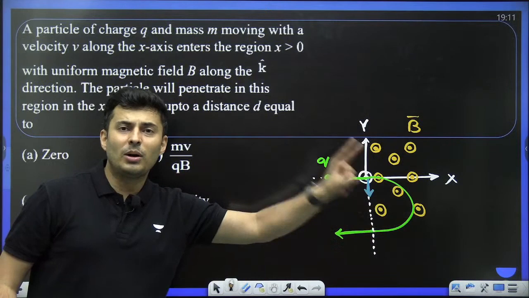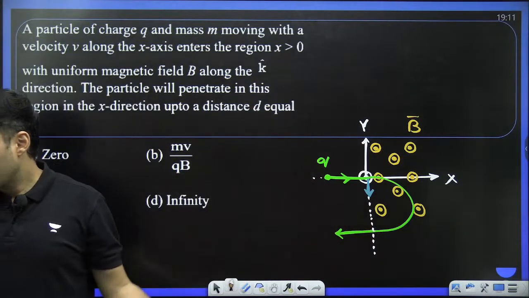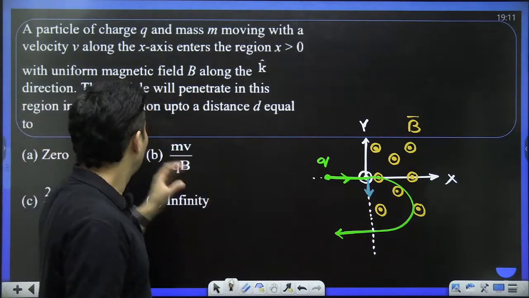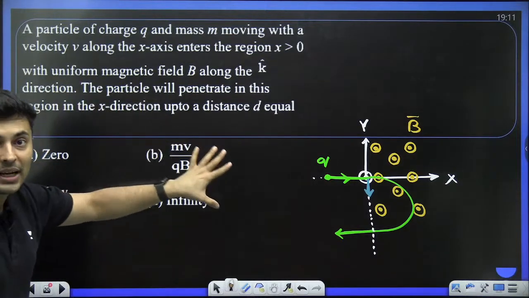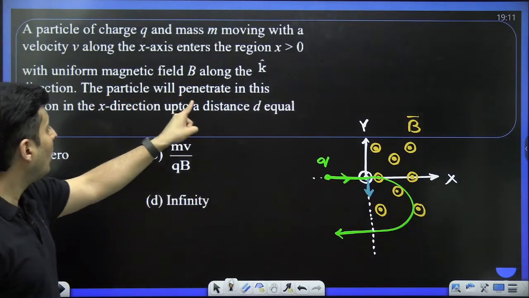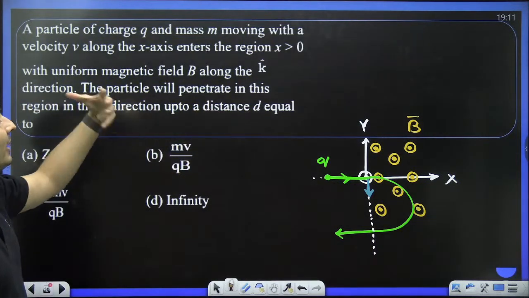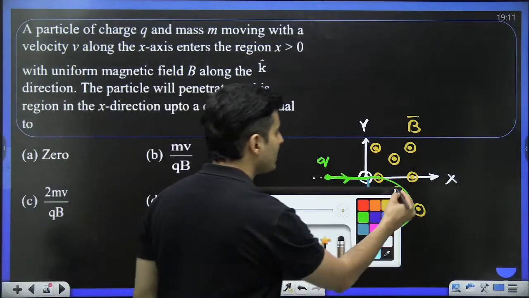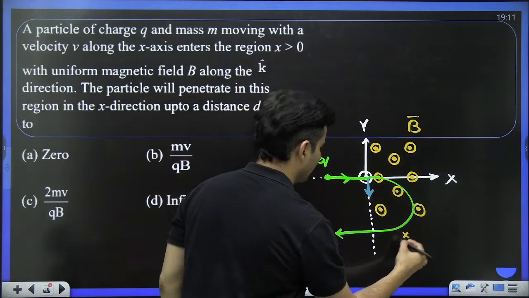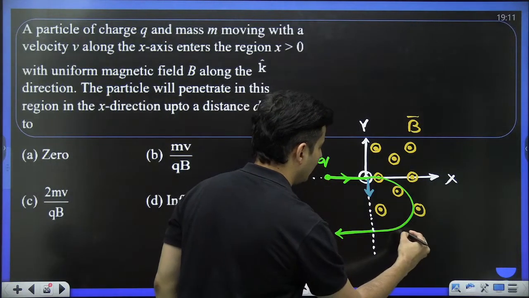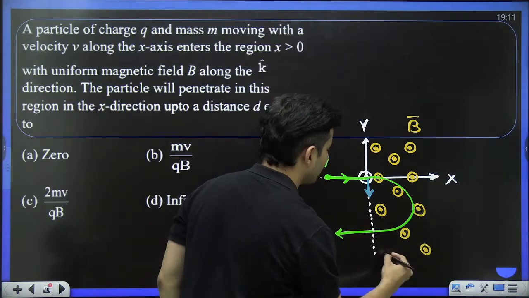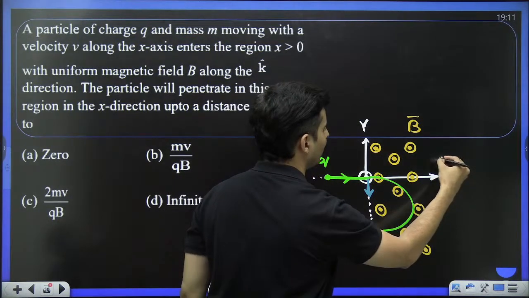Just similar to a problem which we solved some time back. So now think, my dear students, if you read the question, you will get to know what has been exactly asked. How deep in that region will it penetrate? How much will it go inside that region of that particular magnetic field? Come on, think about it.